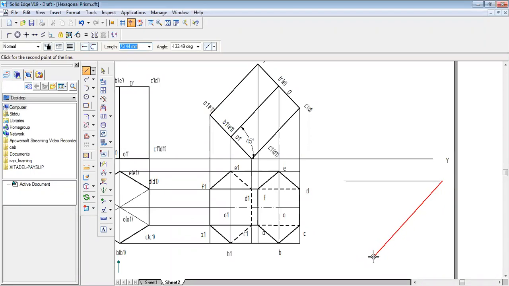From here, what I'll just do is minus 140.